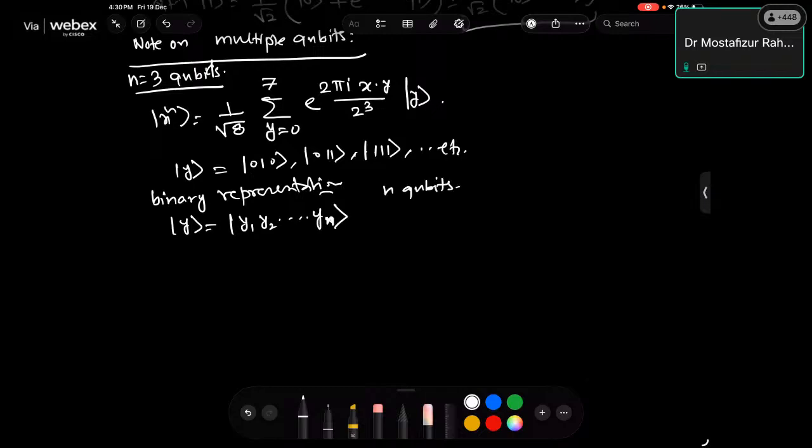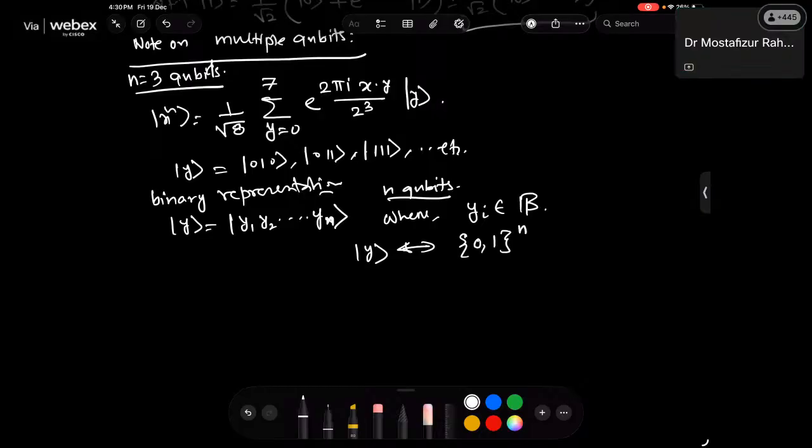If there are n qubits, ket y can be represented as y1, y2, y3, up to yn, where each yi is a binary variable, 0 or 1, right? That is, ket y is a mapping of this binary string of n digits, where each can take either 0 or 1. So this is just a representation of this basis in binary settings, right?